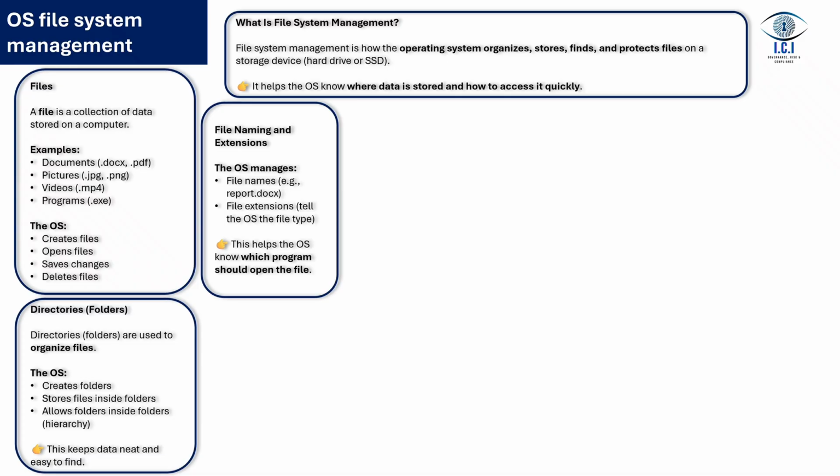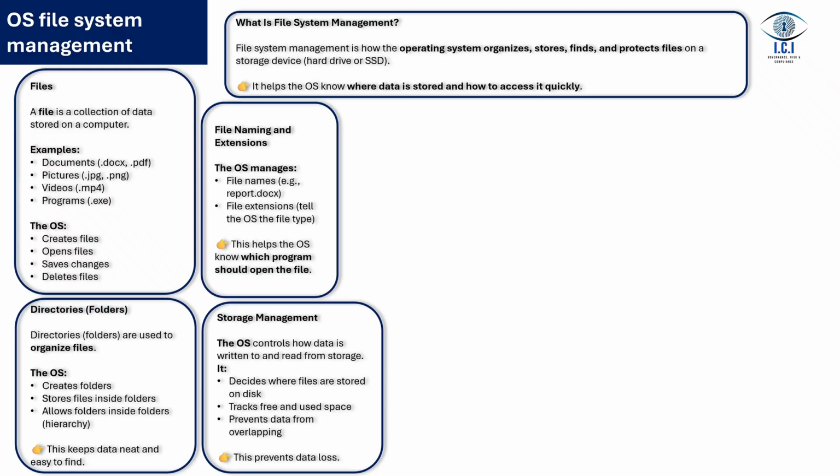If you see PNG or JPEG, which represent pictures, that means you have to use a picture application to open it. If you see MP4, which represents video, that means you have to use a video application to open it. And .exe represents an application.